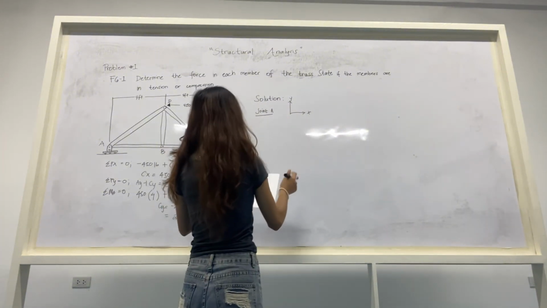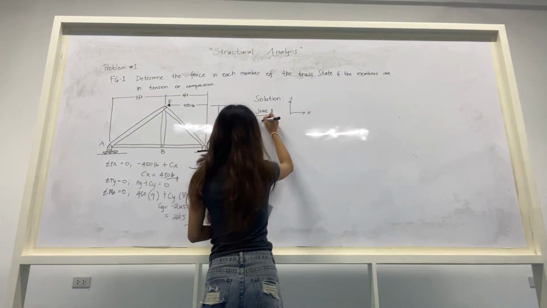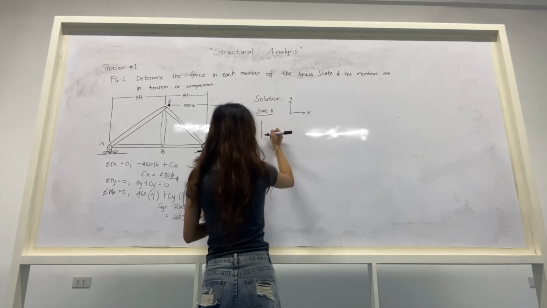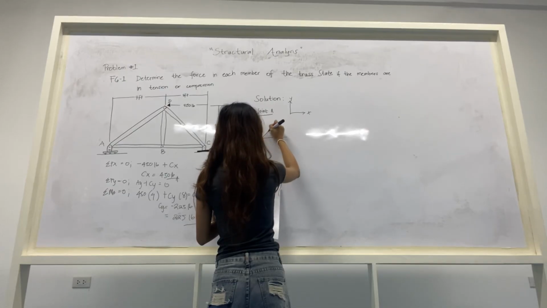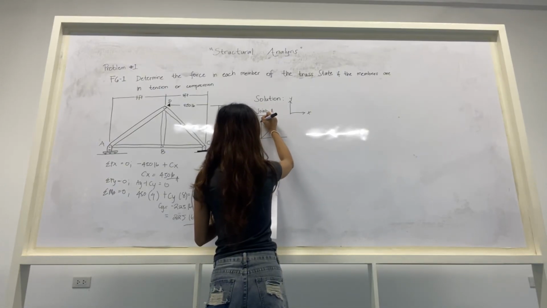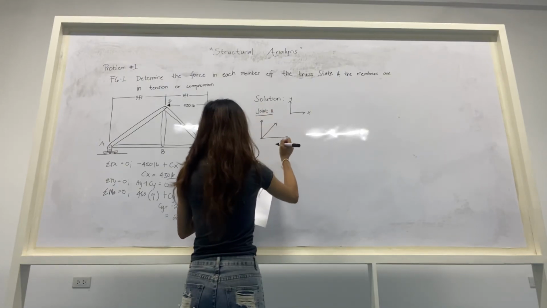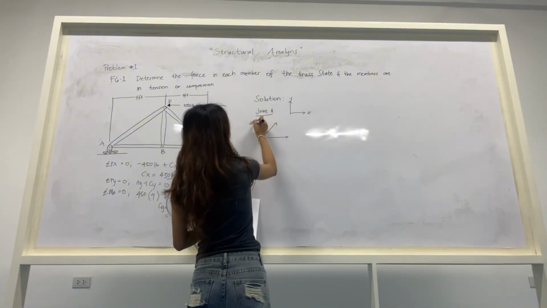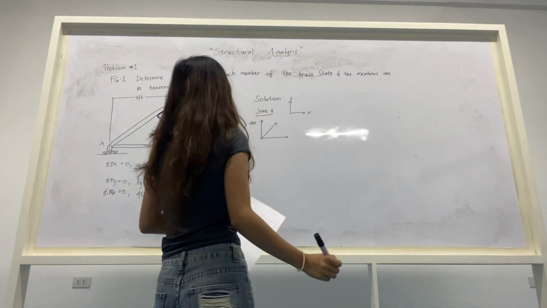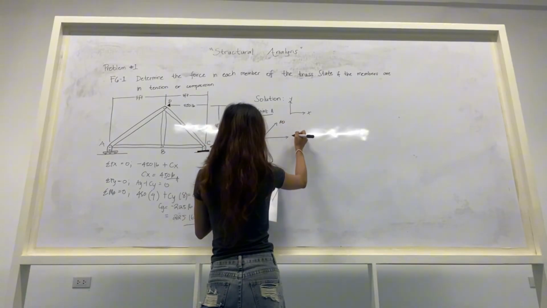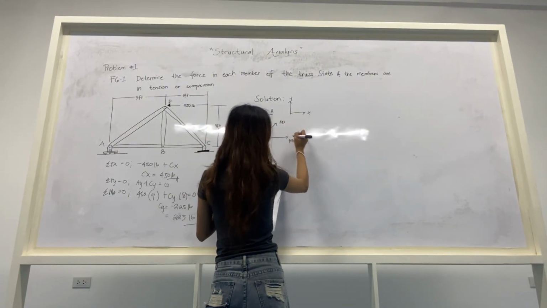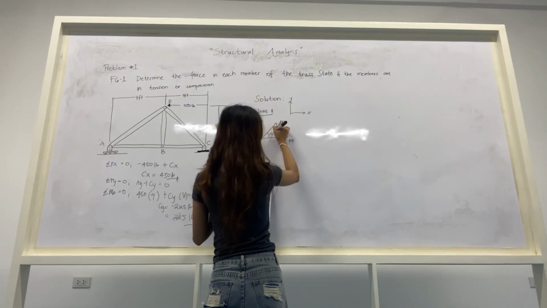So for the joint A, we have our arms like this. We have the 225, then here is the AB, and here is the AB, and we have the angle of 45 degrees.